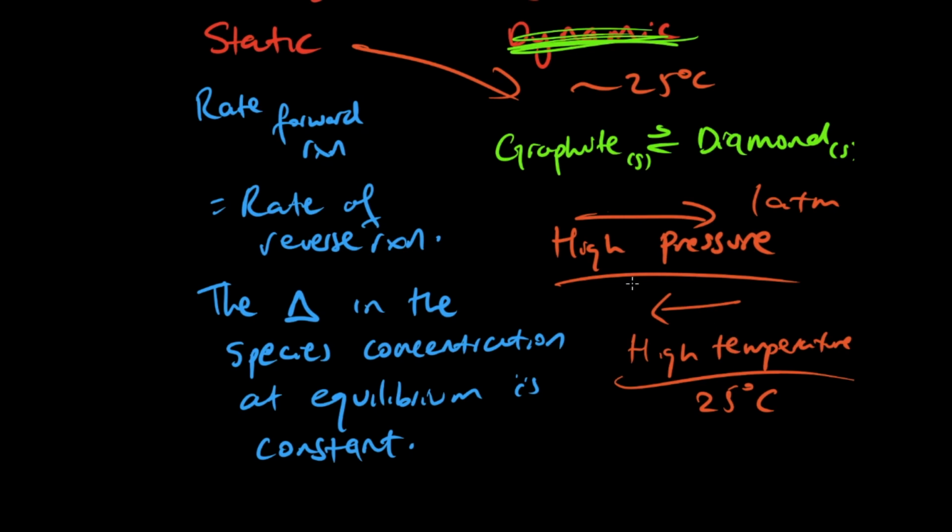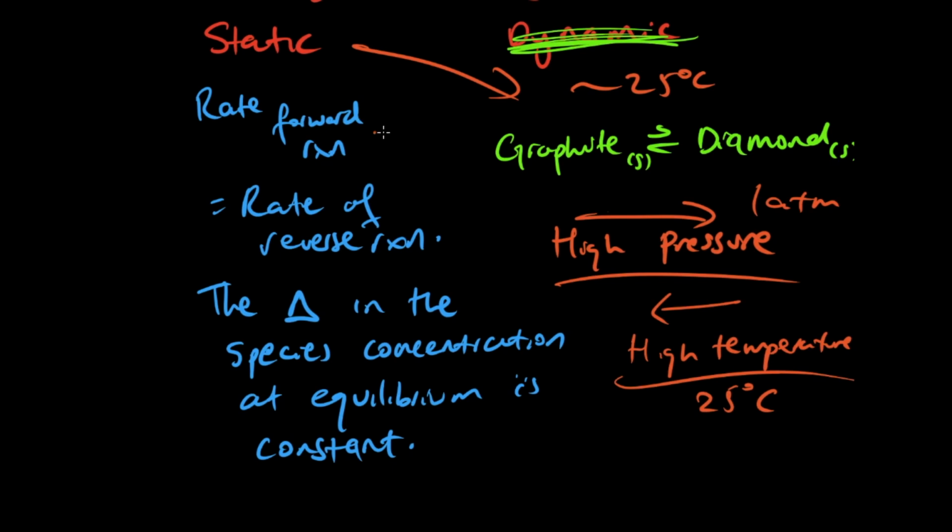So these will be classified as extreme conditions, but under normal conditions or daily life conditions, the rate at which graphite or carbon atoms being converted into diamond, which is also carbon atoms, is almost negligible. It's so small, and the rate of reaction is so slow that we say that the forward rate of reaction in which graphite is being converted into diamond is basically 0, right?